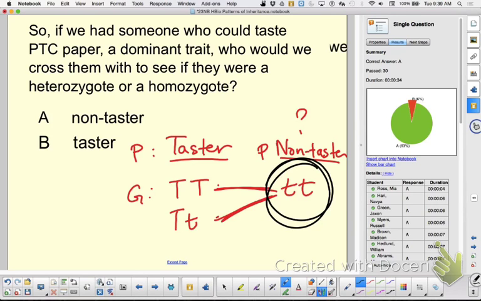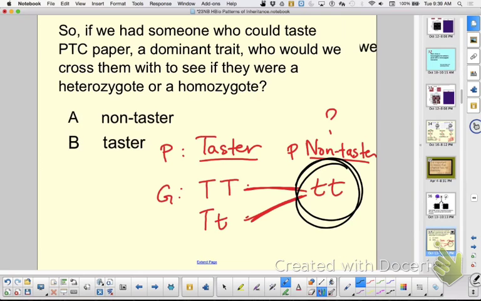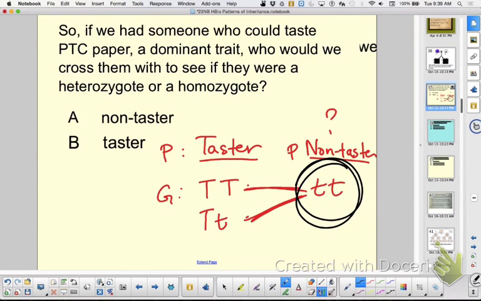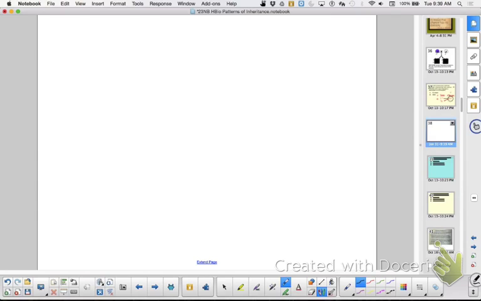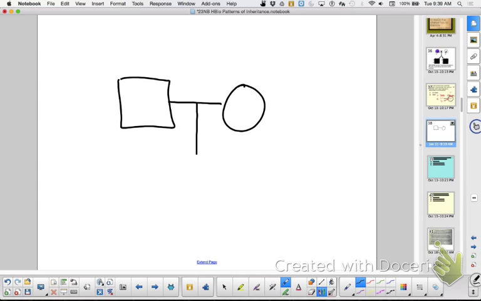So basically, since the tasting is dominant, to find out whether they are a big T, little t, if there's one child that's not a taster. Wait, how many of you tasted it? Me and my sister, and my dad couldn't.